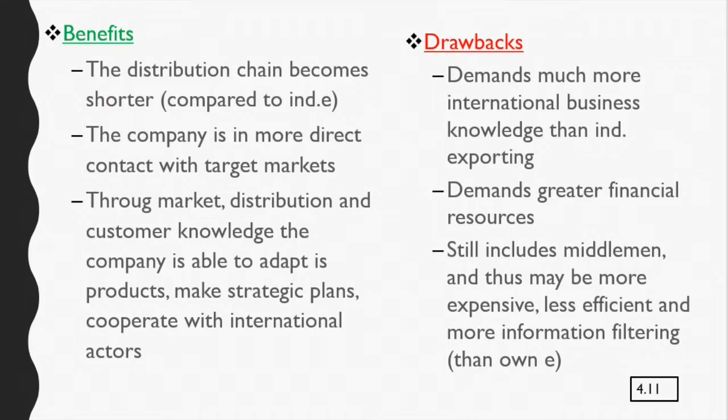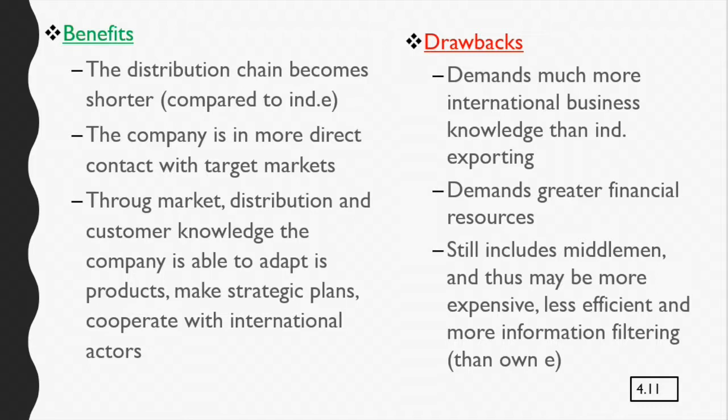That was direct export, and let's take a look at the benefits and drawbacks. One of the first benefits is, of course, that the distribution chain becomes shorter. This is compared to the indirect export, because here we don't have the middleman in your own home country, only abroad.